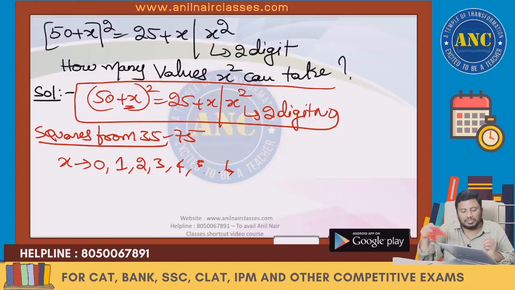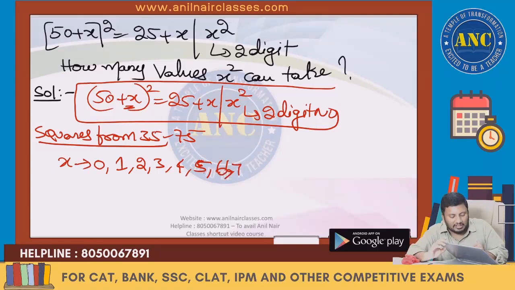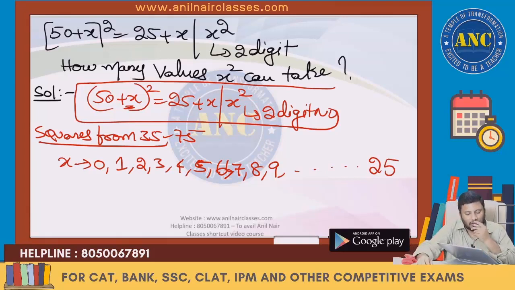75, right? So 75 means x can go up to 25. 5, 6, 7, 8, 9 and so on up to 25. So in which cases is it possible?